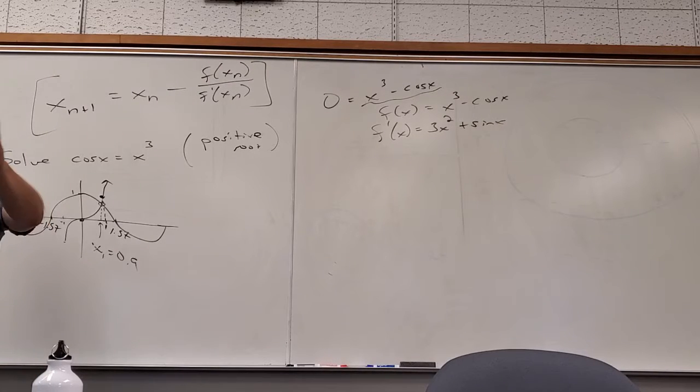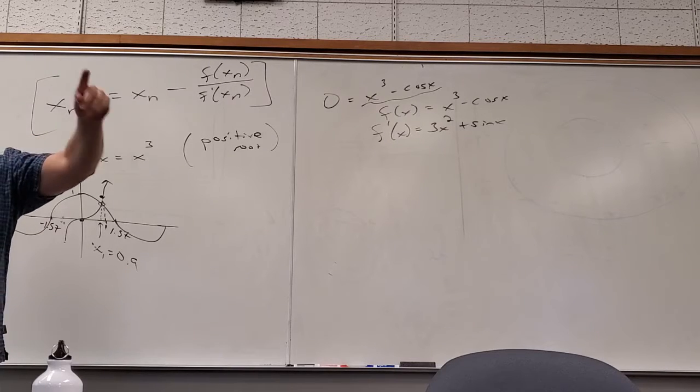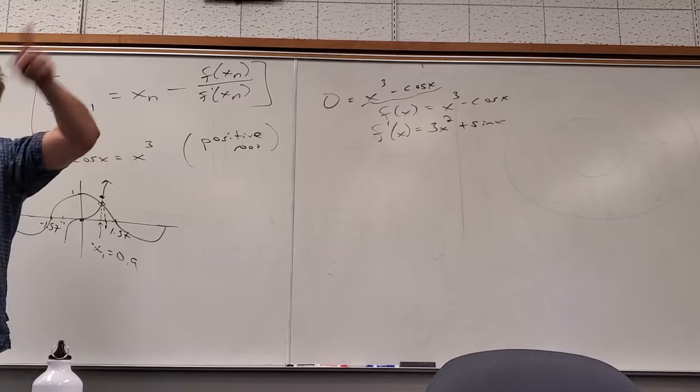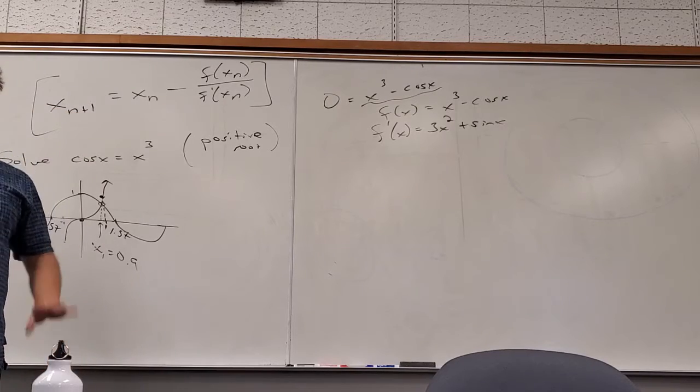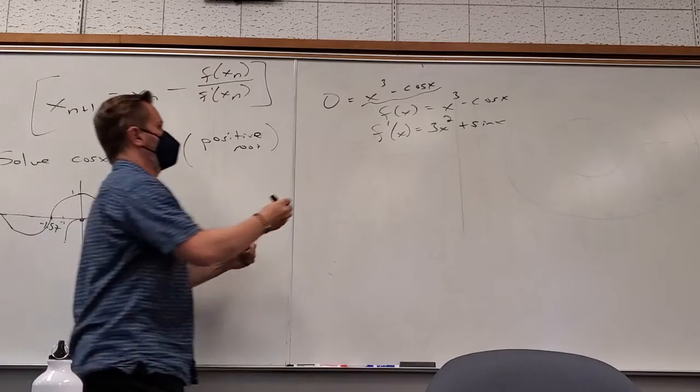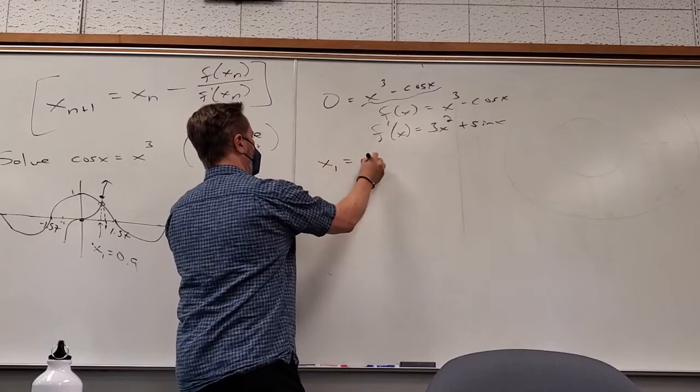So, let's set up the second guess by hand, but then I want to show you in the calculator how to make the calculator do all the work for you, right? You just got to set it up. Okay. So our first guess is 0.9.